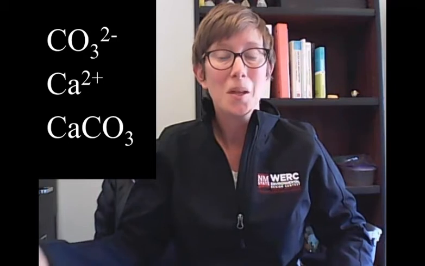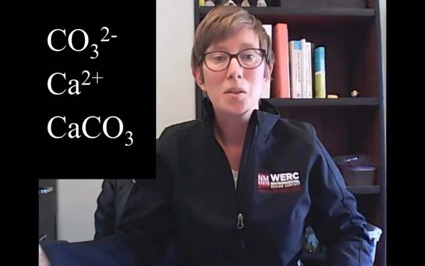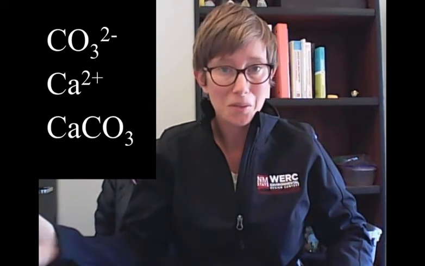The calcium ion has a charge of 2+, so it would also be 2 equivalents per mole. And with calcium carbonate, remember that you only need to use the calcium or the carbonate in there. Both of those are going to give you 2 equivalents per mole. So calcium carbonate also has 2 equivalents per mole.